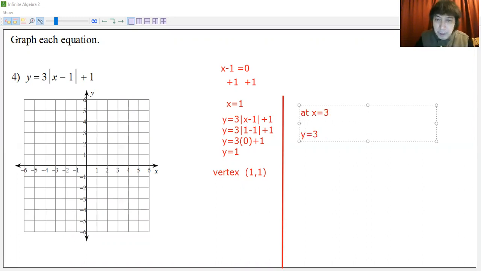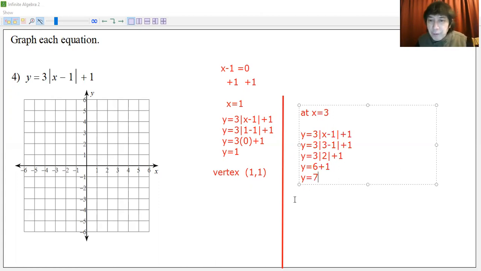We have 3 times vertical bar x minus 1 plus 1. And so we substitute our 3. Y is equal to 3 minus 1, that's inside the absolute value symbol, plus 1. So we'll just compute this. This is 3, and this will now be absolute of 2 plus 1. And this continues with 3 times 2, that will just be 6 plus 1. So 6 plus 1 is 7.